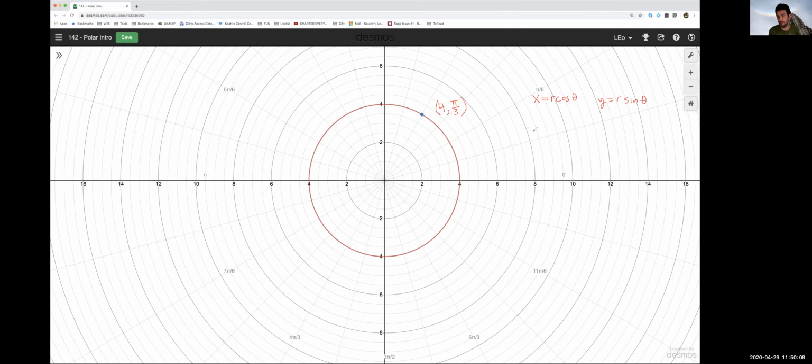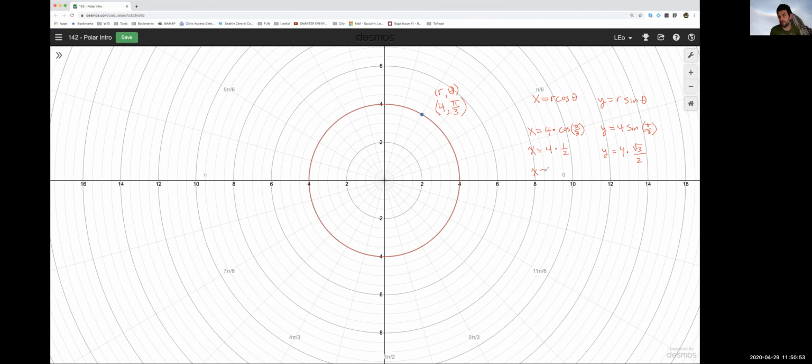So that means that x is equal to 4, right? Remember, our polar coordinates come in the form r, theta. So this is 4 times the cosine of pi over 3, and y is equal to 4 times the sine of pi over 3, right? So we simply compute: x equals 4 times 1/2, the cosine of pi over 3, y equals 4 times root 3 over 2.